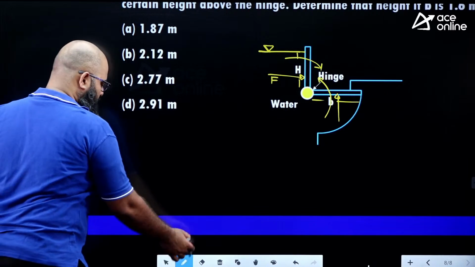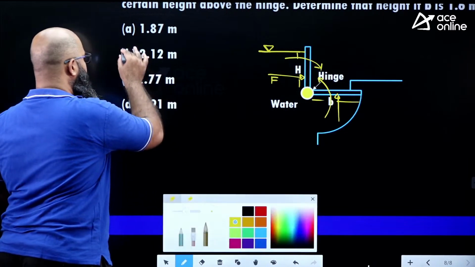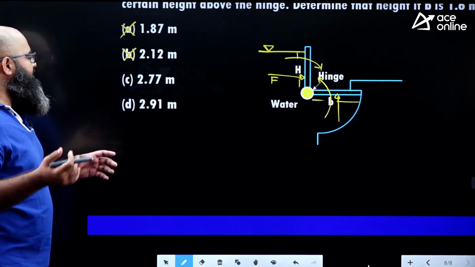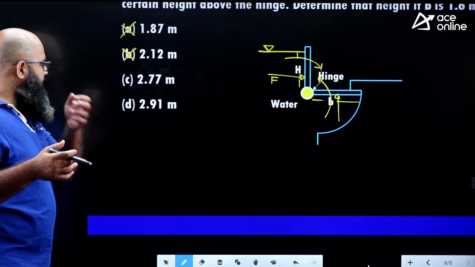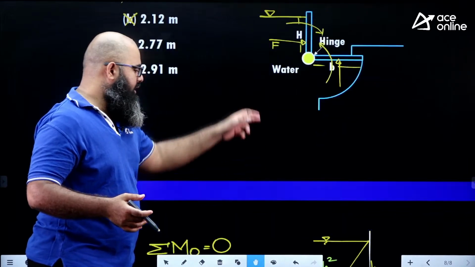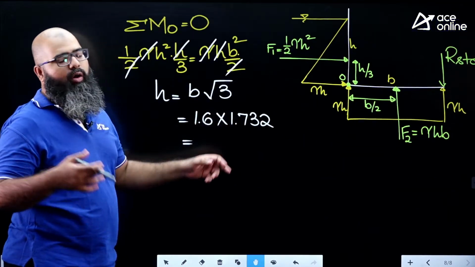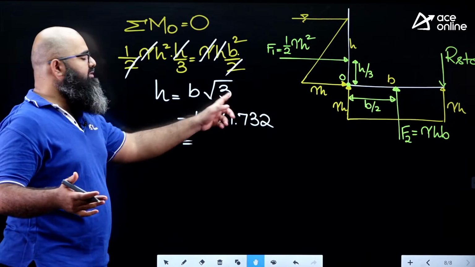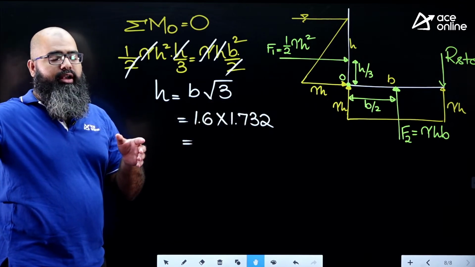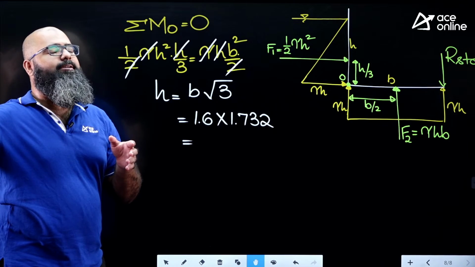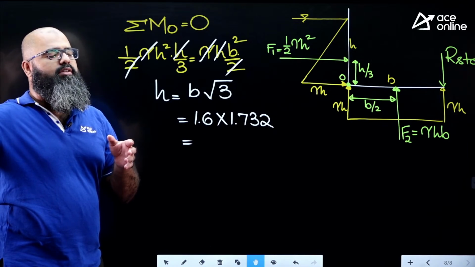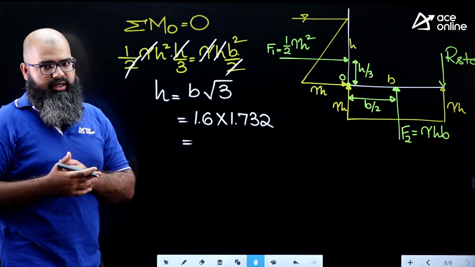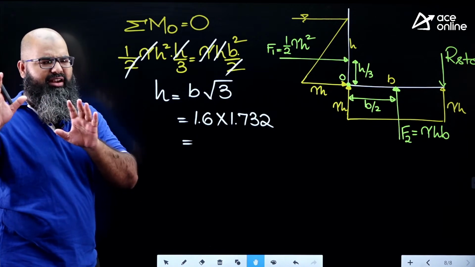Guaranteed, these two options are wrong. If it is in GATE, you can use a calculator very easily, no problem. I'm talking about the IES examination, where you have to guess. Next thing, 2.91: 1.6 multiplied by how much would give you 2.91? It should exceed 1.8. 1.6 multiplied by 1.8 would give you, let us say, 2.88, nearly something like that.